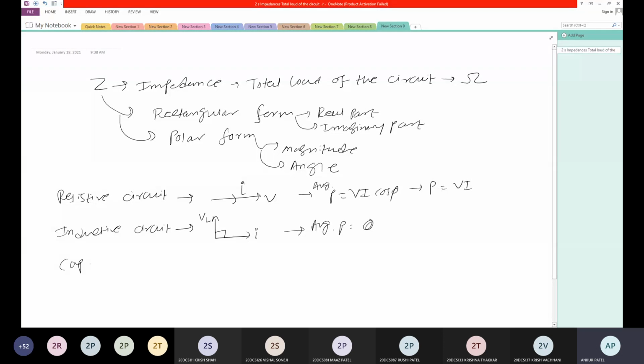And for a capacitive circuit, current leads the voltage by an angle of 90 degrees. The average power for a capacitive circuit is also equal to 0. That is why we take combinations of load: RL, RC, then RLC. Due to these voltage and current waveform characteristics, we consider combination loads in the circuit for calculating average power.